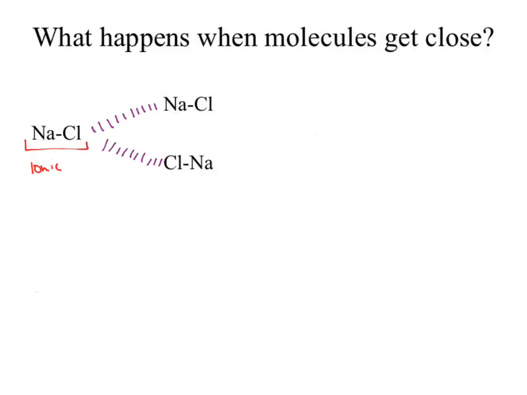What information do we know before we go out and look at the interaction between these two molecules? What information do we know about the bond first? What can you tell me about an ionic bond? In ionic bonds, they transfer electrons from one atom to the other.